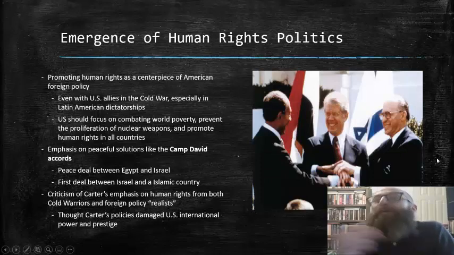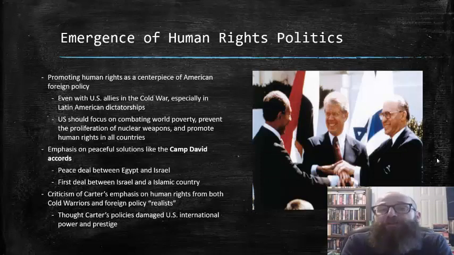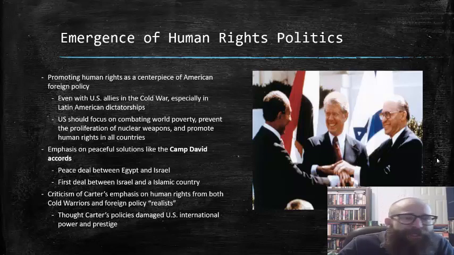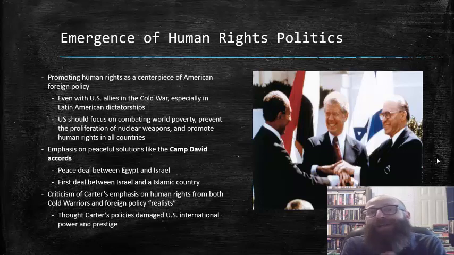Carter did shift the foreign policy direction of the United States in this period, and he saw that the promotion of human rights should be the centerpiece of American foreign policy. And this included even U.S. allies in the Cold War, those authoritarian regimes that the U.S. allied itself with simply because they were enemies of communism and the Soviet Union.